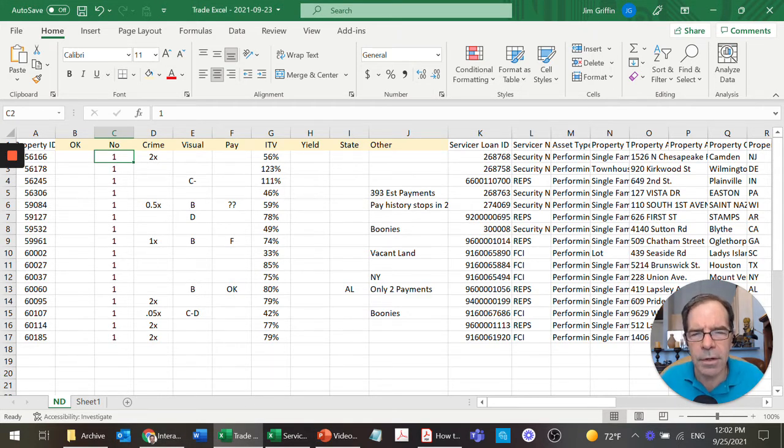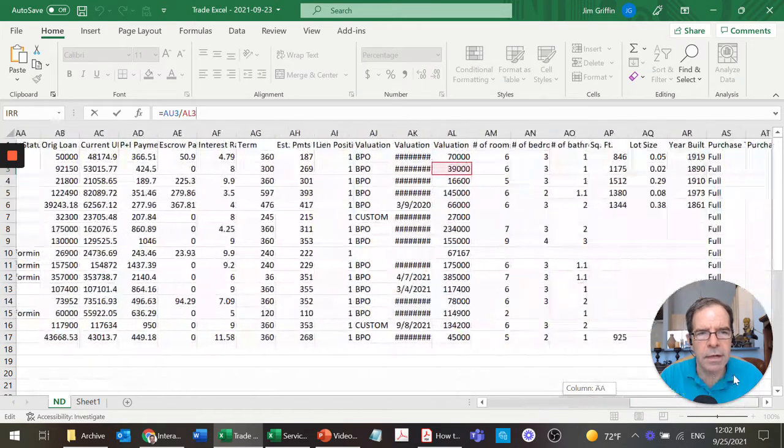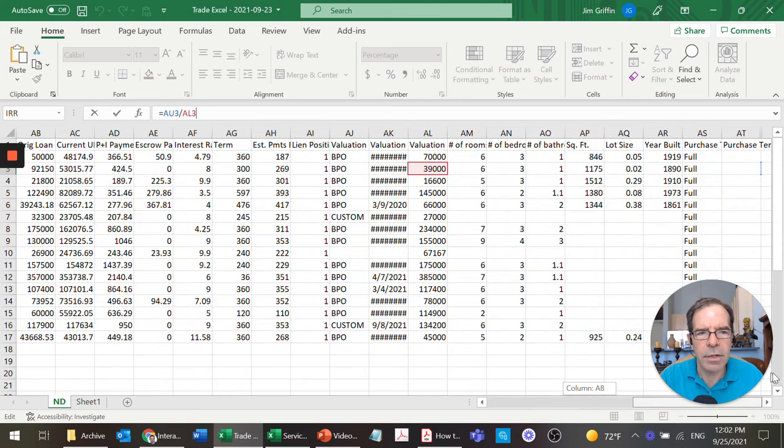For all the reasons that we've discussed when we've had one-on-one meetings or if you've read the ebook. So this one got a no. Now this one, you can see what happened here was it's highlighting. I've got this formula that's going to look at the valuation, and then there's this other thing that's hidden over here.